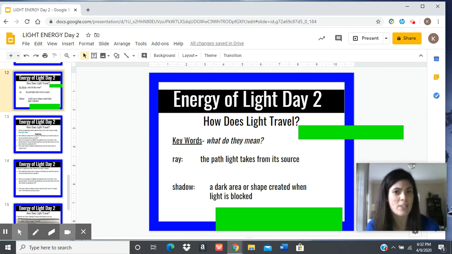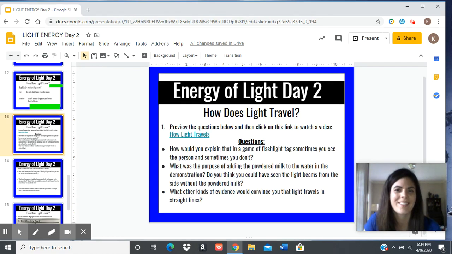If you said the pencil and the flashlight, you were correct. The pencil created a shadow because it blocked the light from the flashlight. We finished reviewing yesterday's experiments. If there's any questions that you need to update on your Google Slides, please do that after today's assignment.